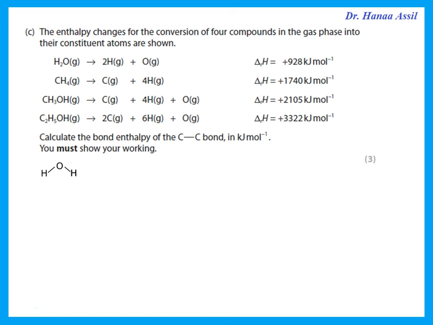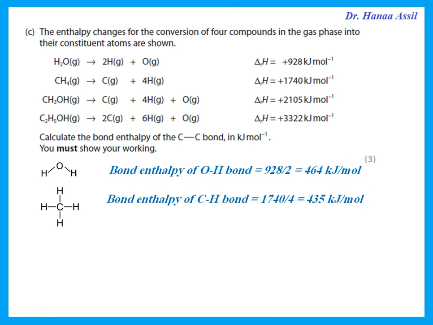Well, when we break the bonds in water, we're breaking 2 OH bonds. So each OH bond, you divide that delta H by 2 to get the bond enthalpy of each OH bond. Then the second equation is giving me the delta H when I break the bonds in methane. Well, here I'm breaking 4 CH bonds, and that means each one will be that number divided by 4.